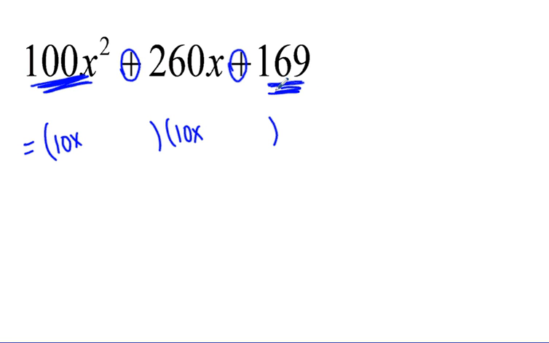The square root of 169 is 13. Both will have plus signs in between since our original problem had plus signs. And you can finish this off by rewriting your answer as 10x plus 13, the quantity squared. You may check your work either by foiling or using the second check method that I showed you in the previous example.